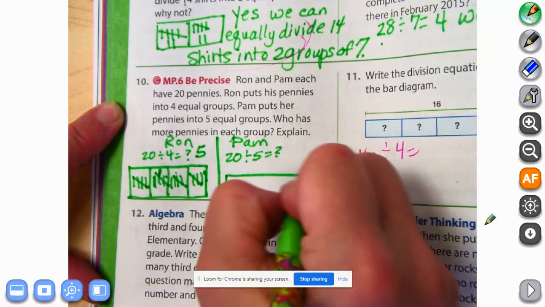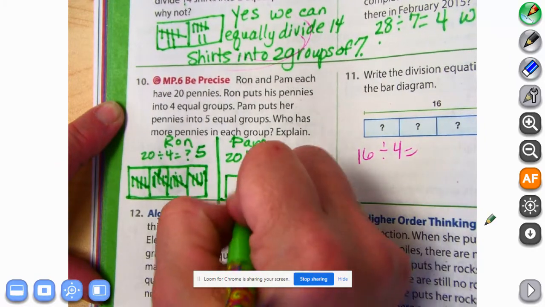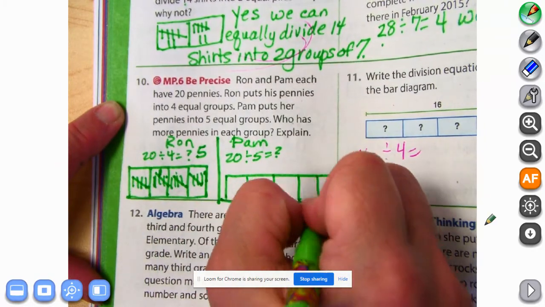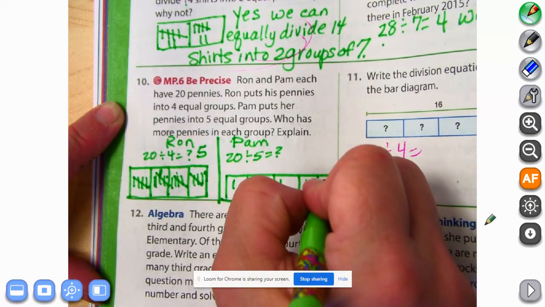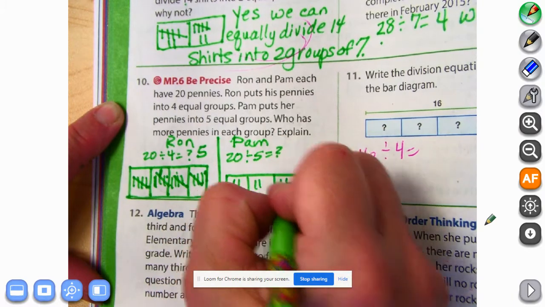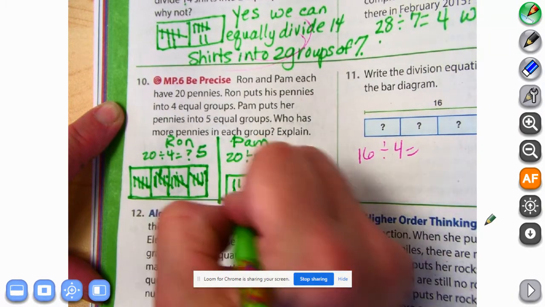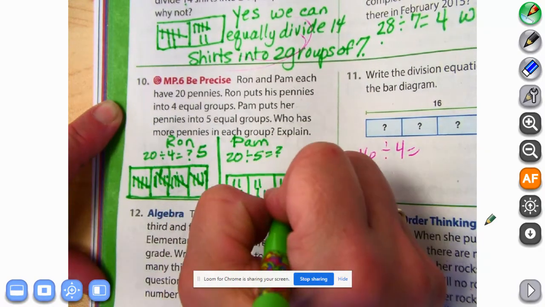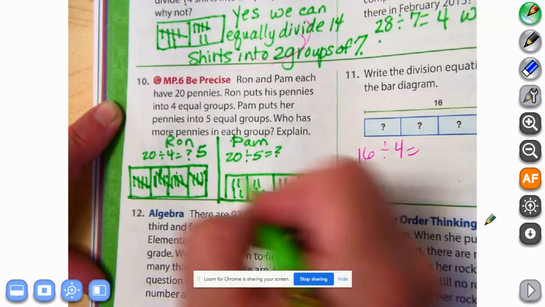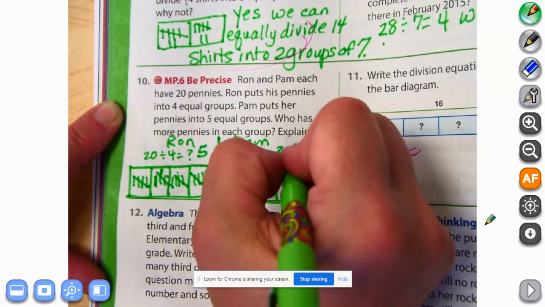And then hers is broken up into 5 pieces. It's 1, 2, 3, 4, 5. Okay. 1, 2, 3, 4, 5, 6, 7, 8, 9, 10, 11, 12, 13, 14, 15, 16, 17, 18, 19, 20. So we have 4 in each.